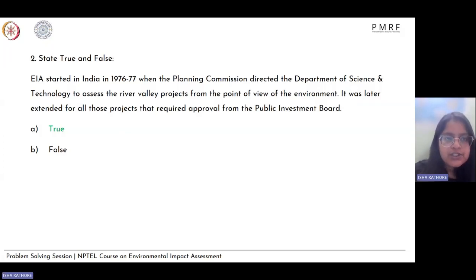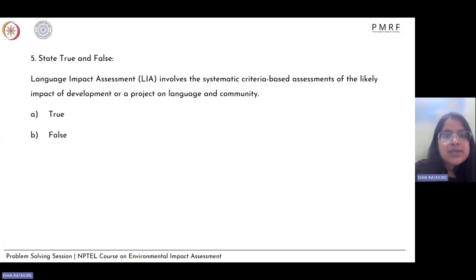Moving on to the next question. Language impact assessment, LIA, involves the systematic criteria-based assessment of the likely impact of development or the project on language and community. Is the statement true or false? So the given statement is true. Language impact assessment involves a systematic criteria-based assessment of the likely impact of development or a project on the language and community.